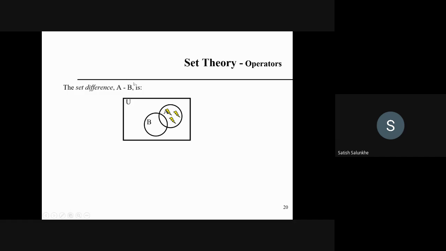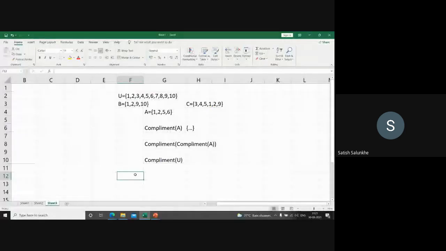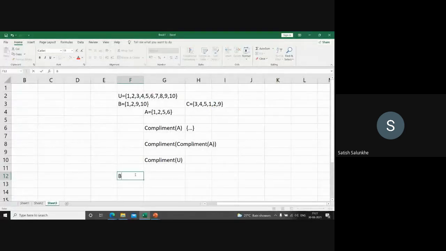Excluding the elements of B from set A, whatever are the remaining elements is called set difference or relative difference of A with respect to B. In line with this, if I want to find B minus A, that is excluding the elements of A from B, whatever are remaining, that is set difference.